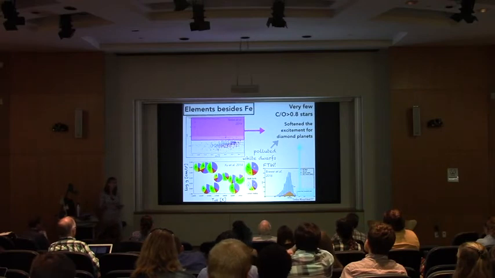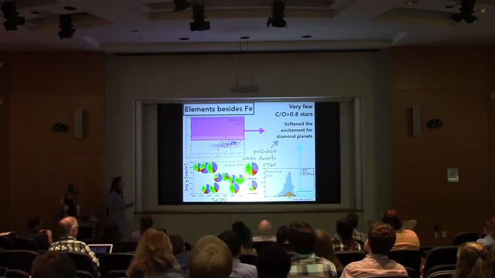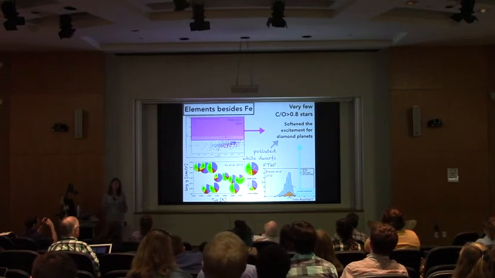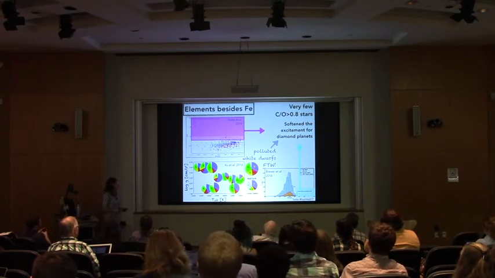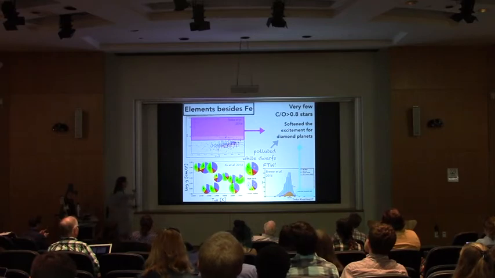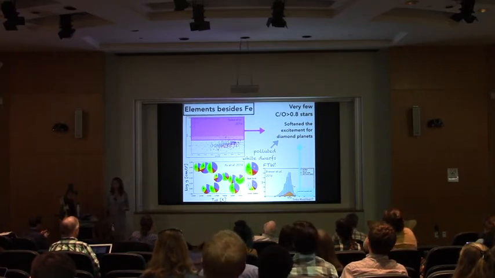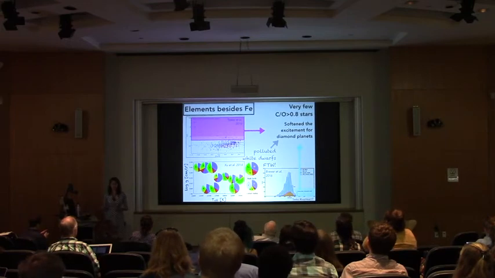If you had a very carbon-rich planet, above a C to O of about 0.8, that's going to change how silicon is distributed, and could make a very different type of planet than what we see in our solar system. But again, that doesn't seem to be the case, and it's backed up by these studies of polluted white dwarf atmospheres, which also show that there's not this enrichment of carbon in the leftovers of small planets.